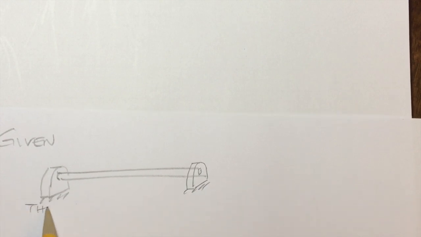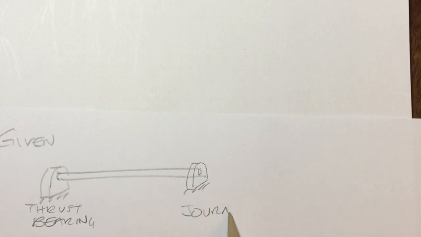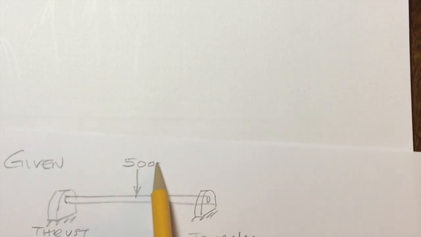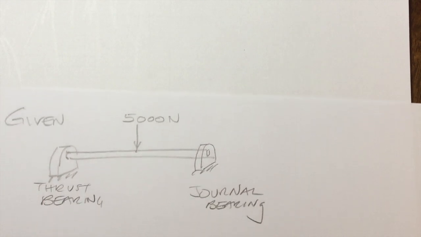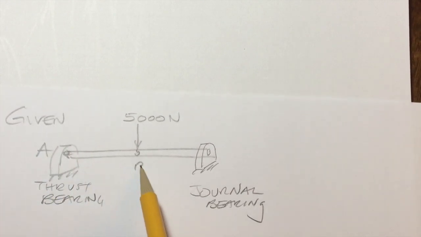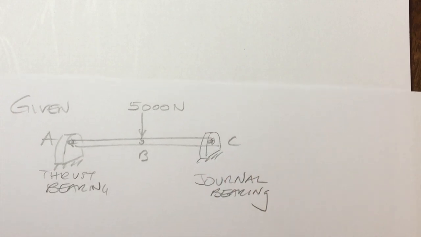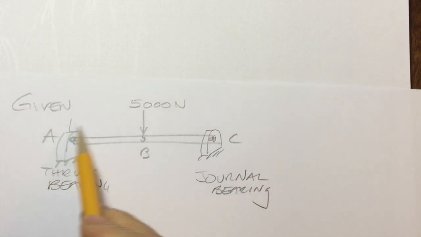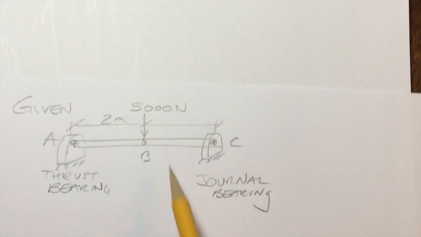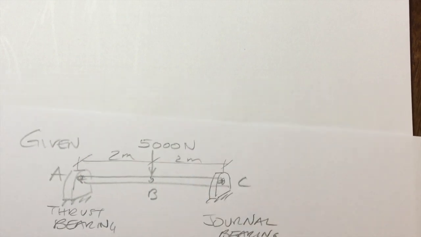So this is a thrust bearing, and this is a journal bearing. And that is 5,000 newtons. We'll call this point A, point B, and point C. And they also let us know that these dimensions are 2 meters, 2 meters.